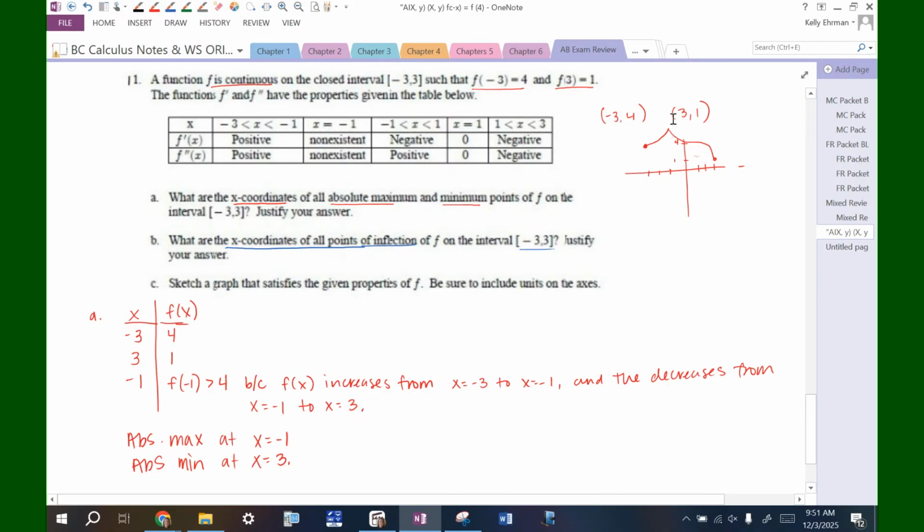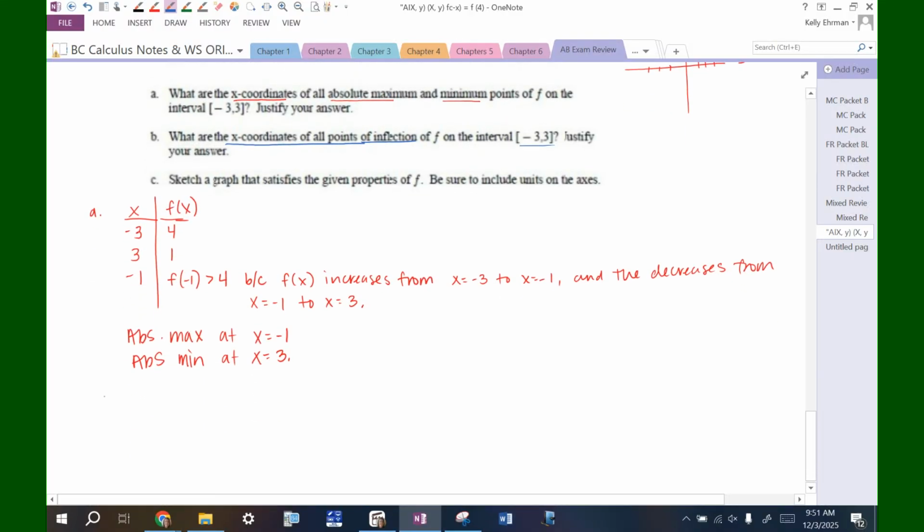See how it's concave up and then still concave up? But it does change concavity here. We go from positive to negative. So for part B, there's a point of inflection at x equals 1, because f double prime of x changes signs.